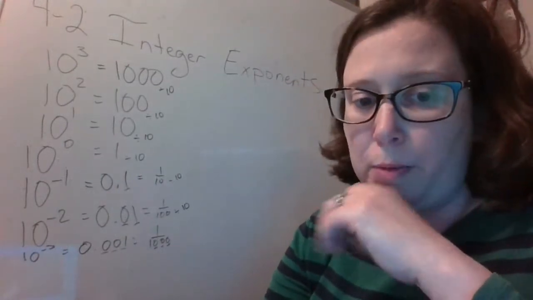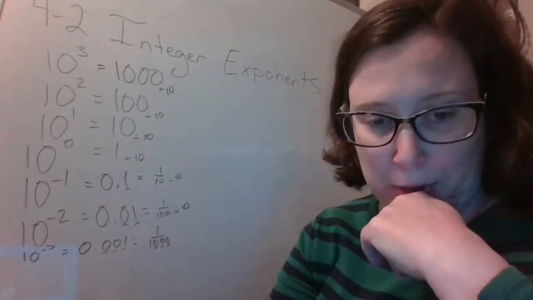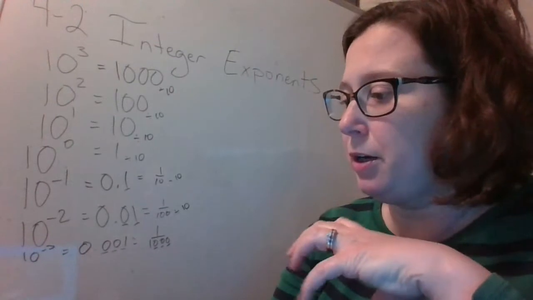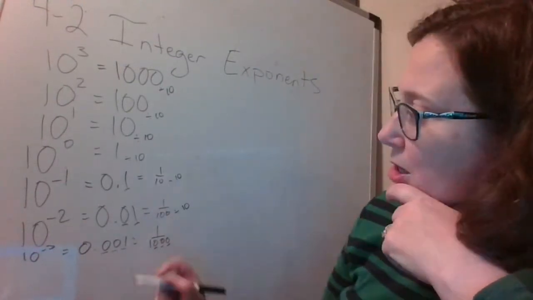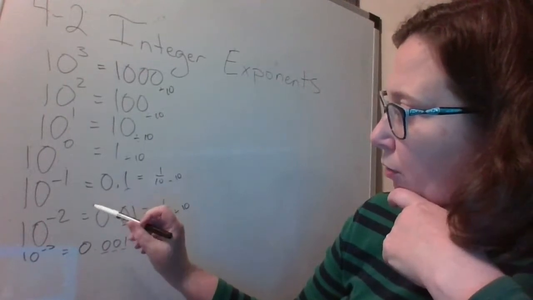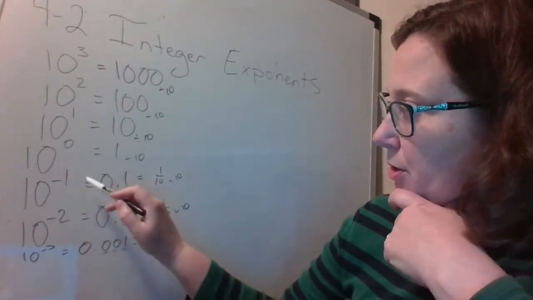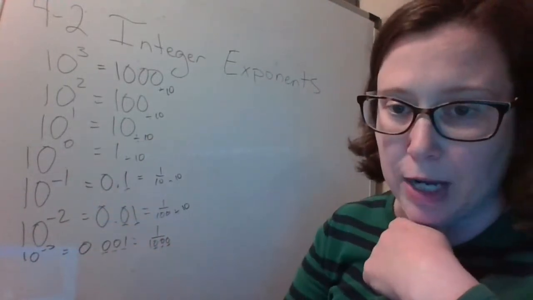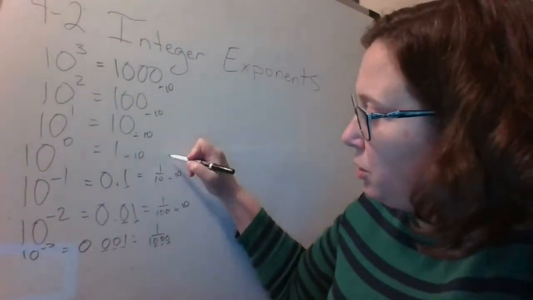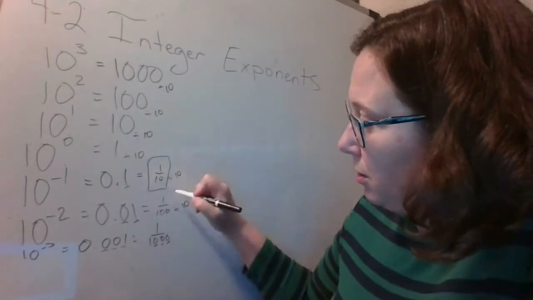When we think about that pattern and what's happening, it will help us to understand what's happening with our negative exponents. So when we have a power of 10 with a negative exponent, check out the fractions that you're getting.